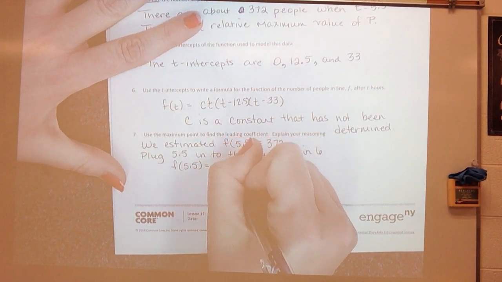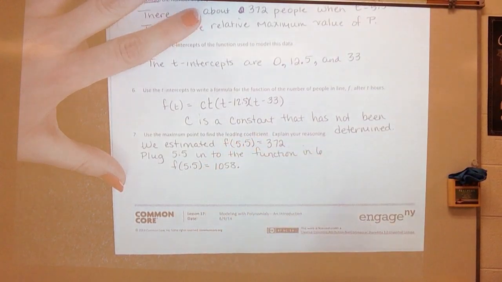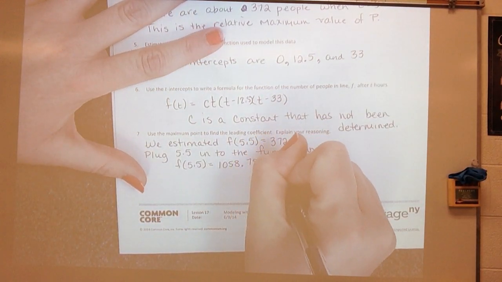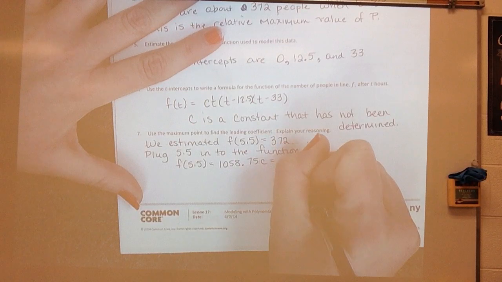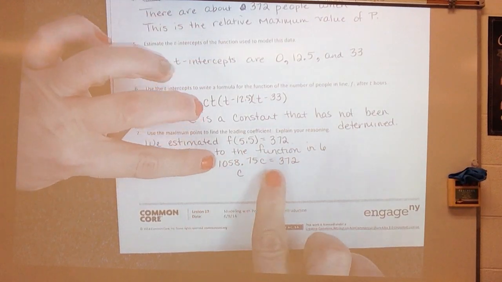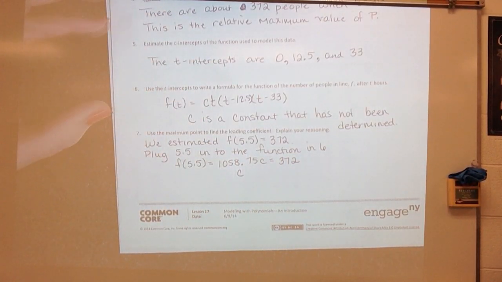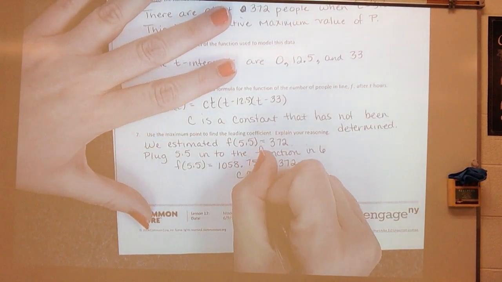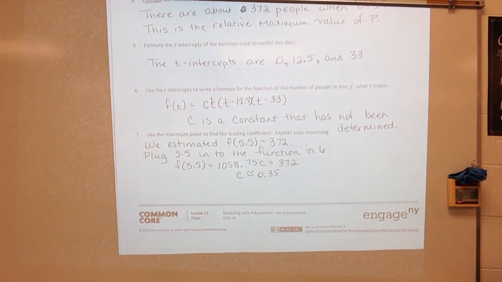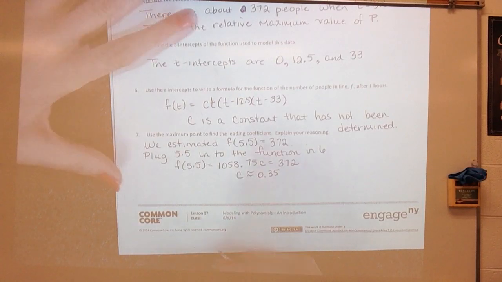But when we plug that in, we get 1,058.75 C is equal to 372. Okay? So then what we would do is we would solve for C by dividing by 1,058.75. So C is approximately 0.35. The function that could model the data is then given by this.